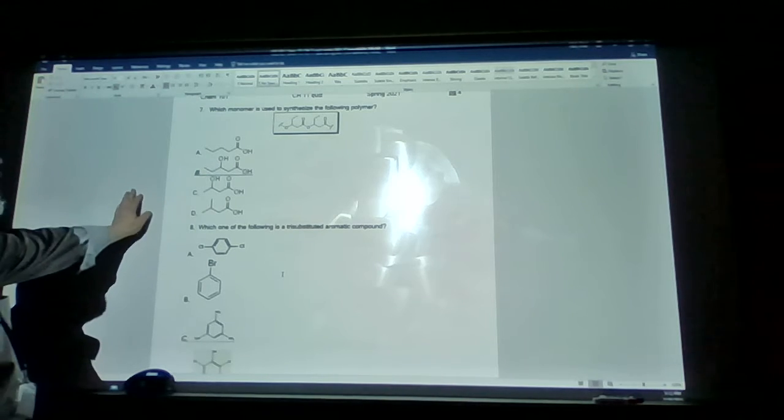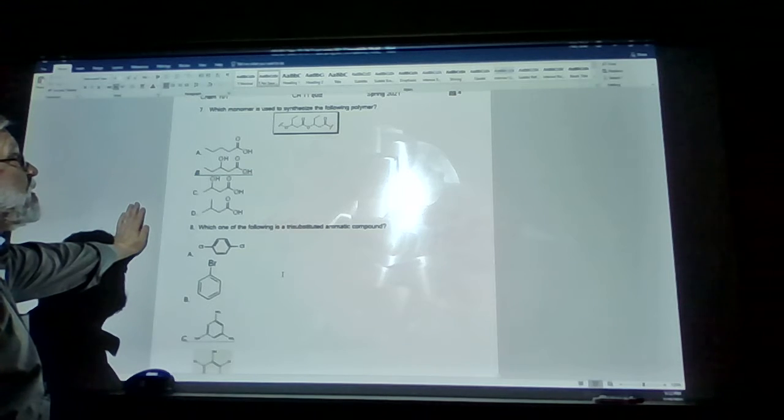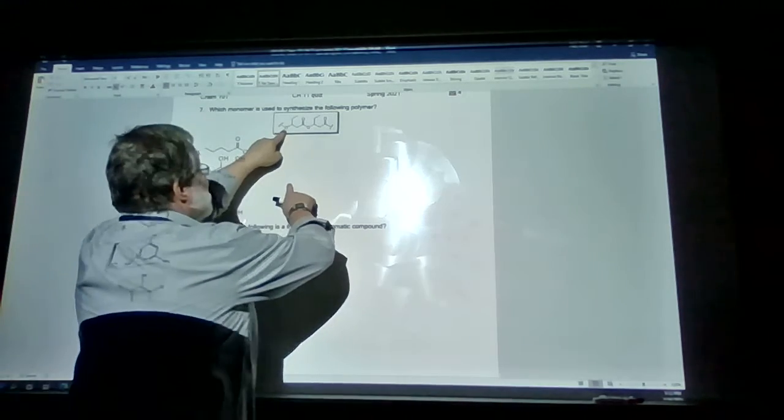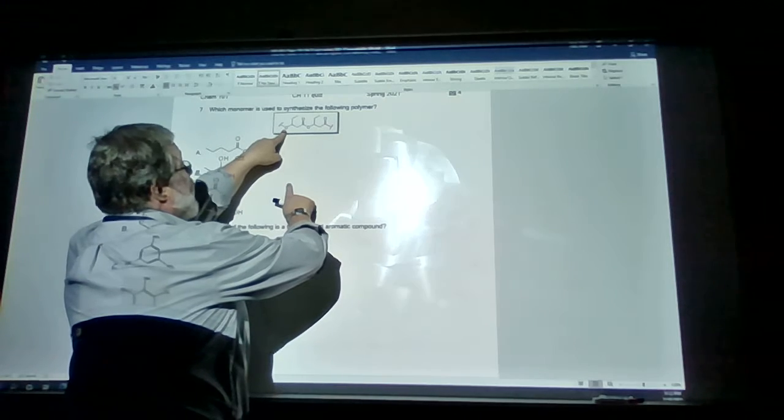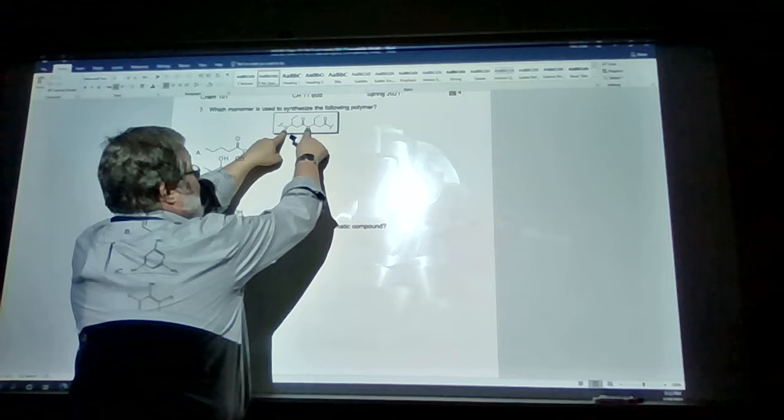Which monomer unit is used to synthesize the following polymer? Where do we see in this system repeating structures? If we look here at this end, where do we see another oxygen that's involved in a single bond? Right there.